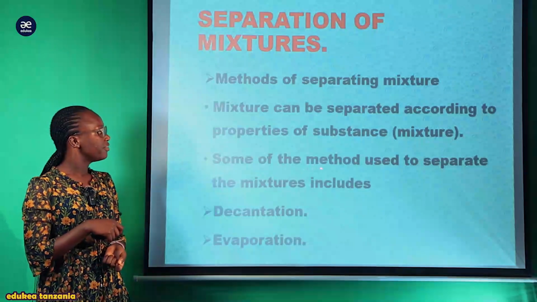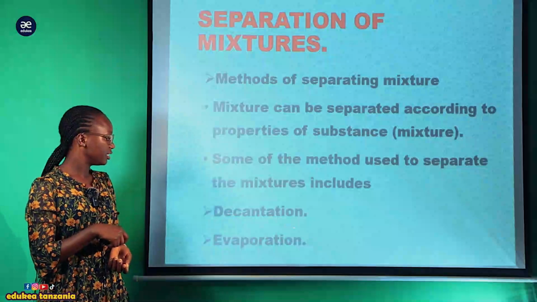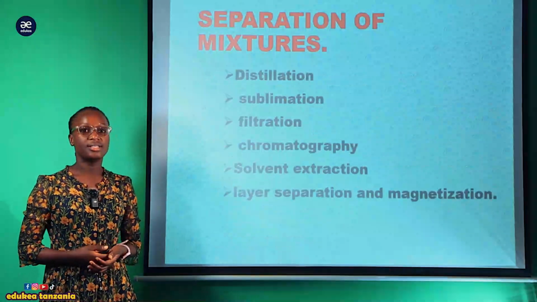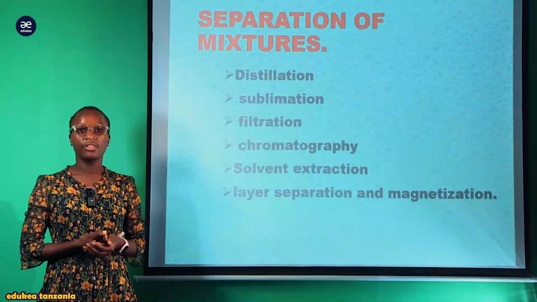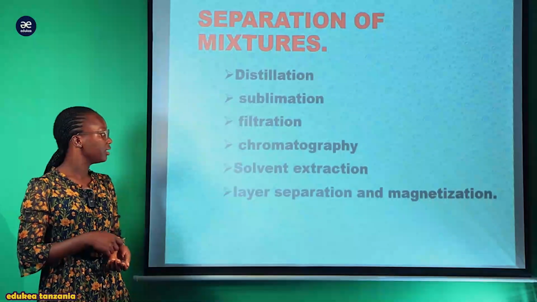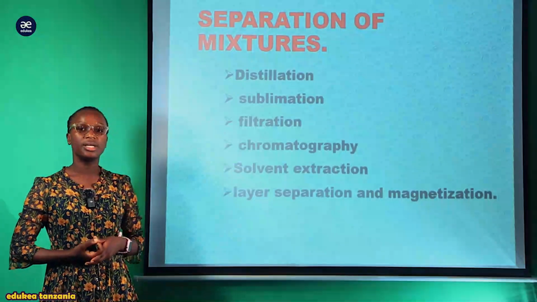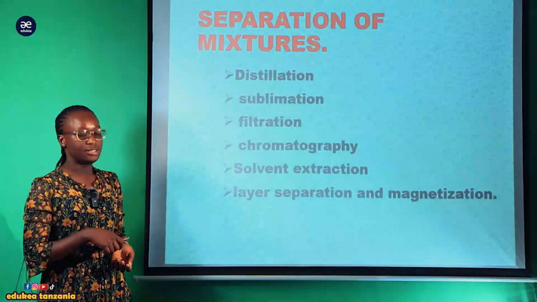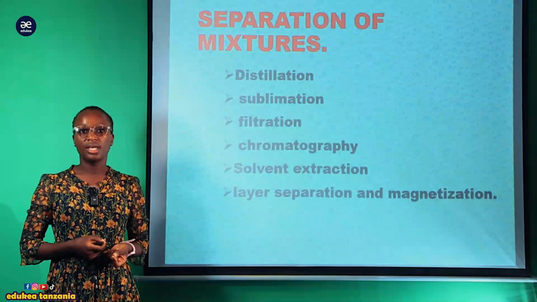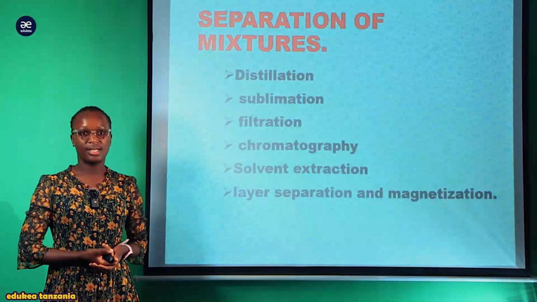Some of the methods used to separate the mixture include the decantation method, evaporation method, distillation method, sublimation method, filtration method, chromatography method, solvent extraction method, layer separation method, and magnetization. Now my students, keep watching, keep following. You are going to start one after another.